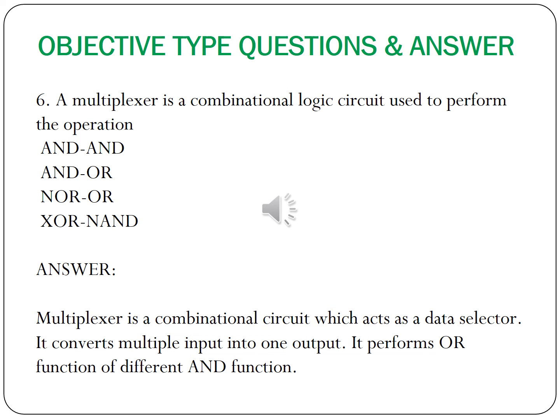So it converts multiple inputs into a single output. It performs the OR function of different AND functions. So this is an AND OR function. Okay, that is the correct answer. AND OR function is performed by the multiplexer circuit.